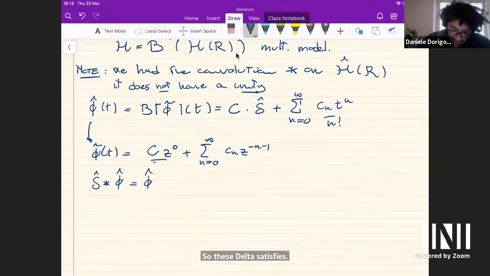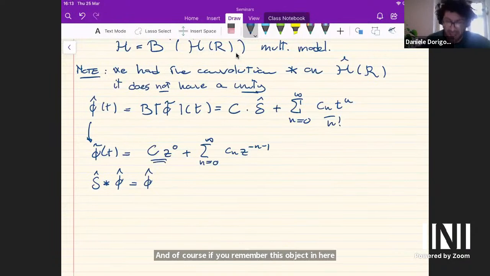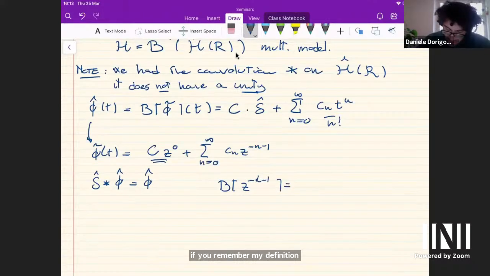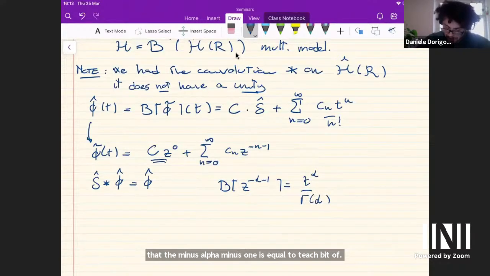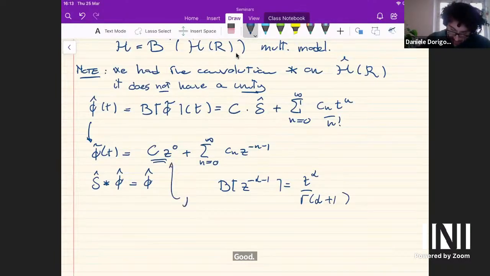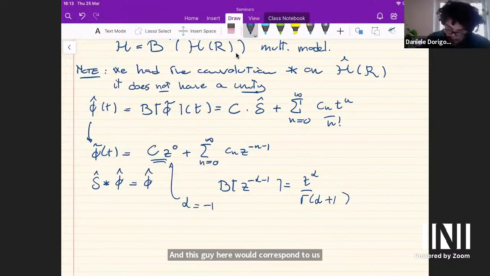And of course, if you remember, this object in here doesn't go well with my definition. If you remember, my definition was that z to the minus alpha minus 1 is equal to t to the alpha divided by gamma of alpha. And this guy in here would correspond to alpha equal to minus 1, which of course produces a gamma of 0.